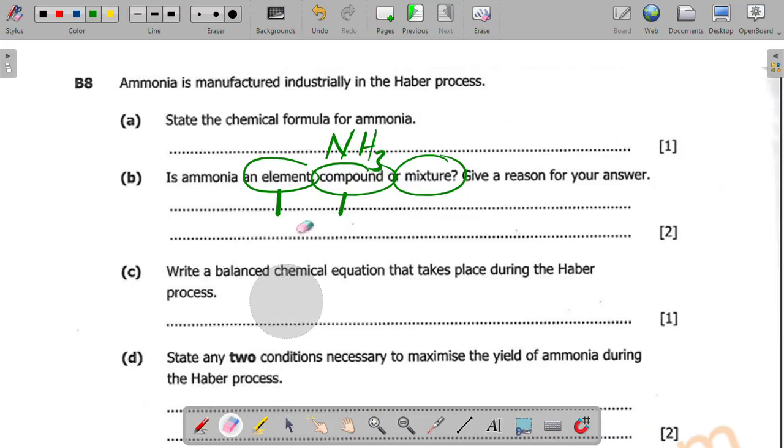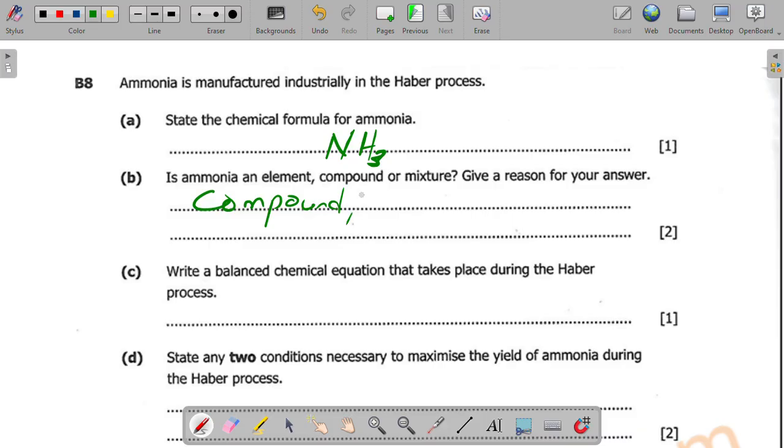Okay, so from the explanation you can see that ammonia is a compound. Why?